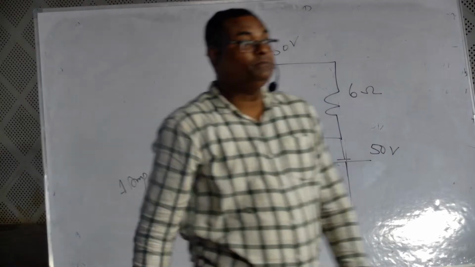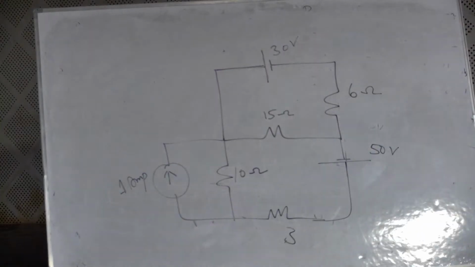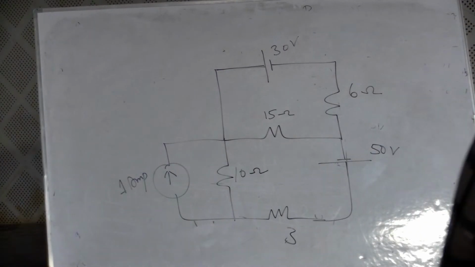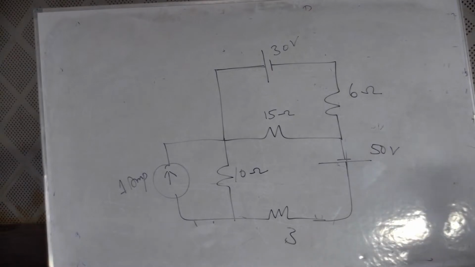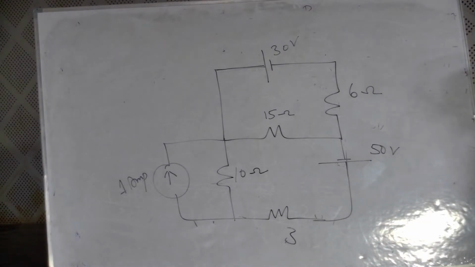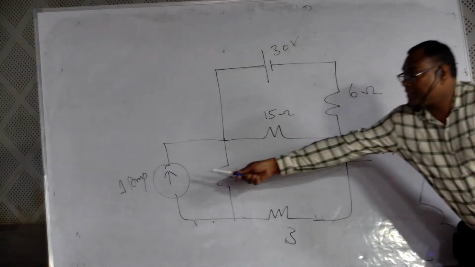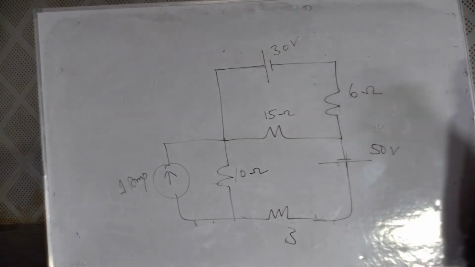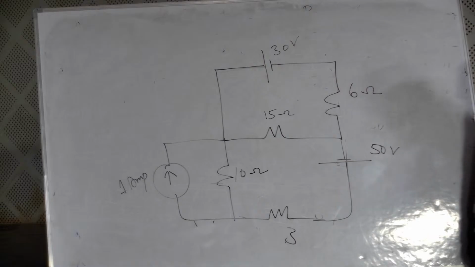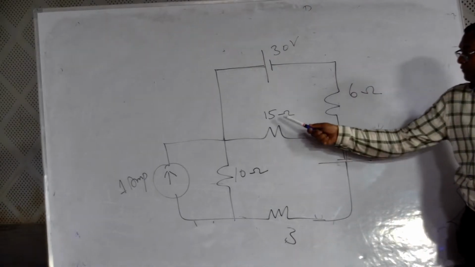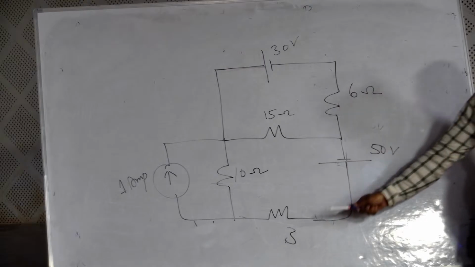Please note down the problem. Circuit diagram. 1 ampere, it is 1 ampere. 30 volts, 50 volts, 10 ohms, 15 ohms, 6 ohms, 3 ohms.